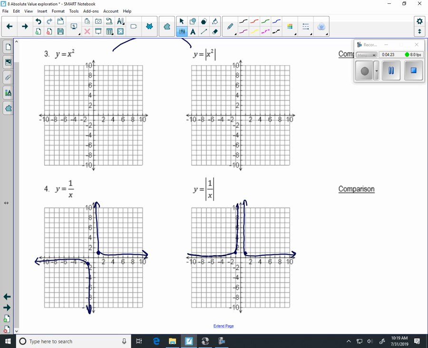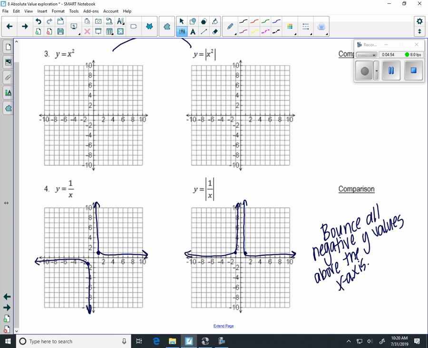The thing that happens with absolute value, taking the absolute value of a whole function, is it's going to take that function and bounce it off the x-axis. Make them positive.